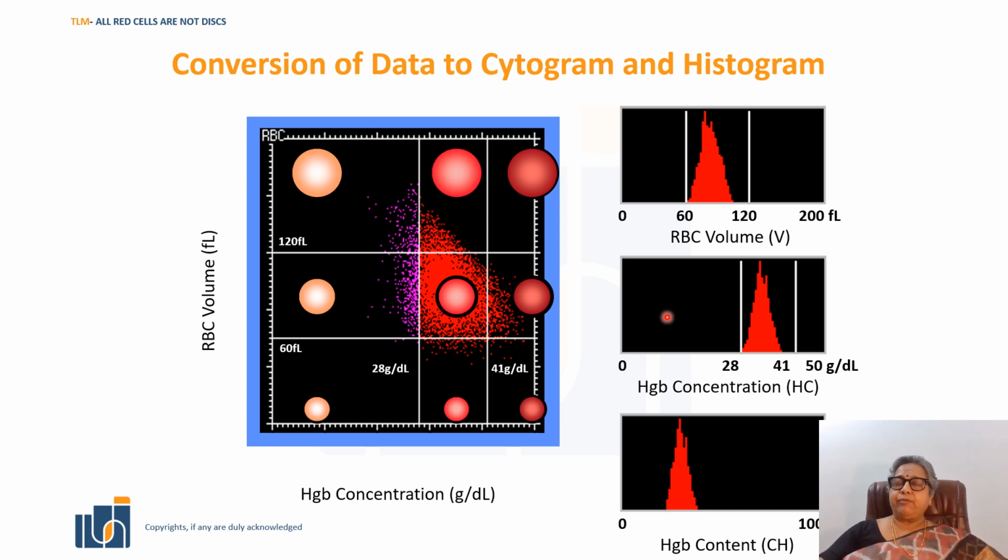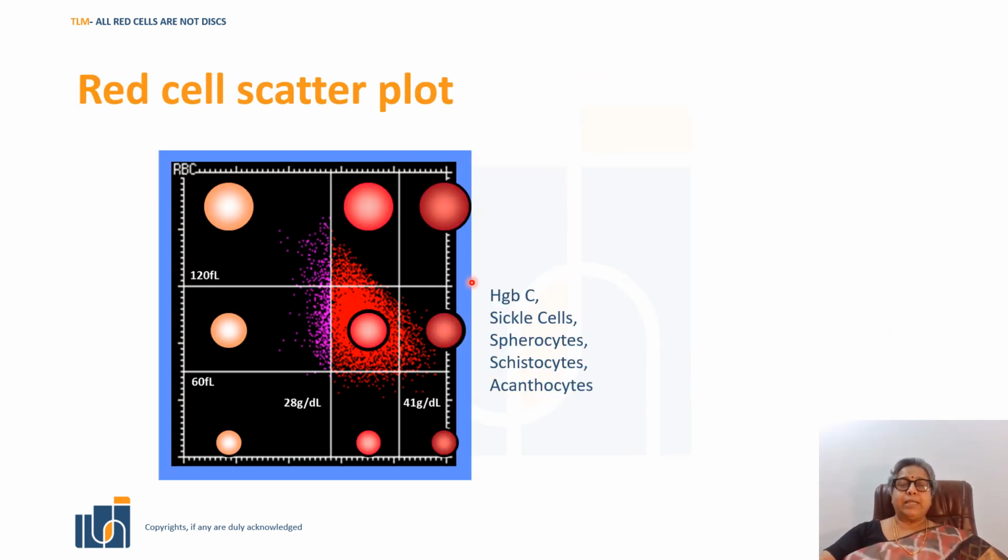Can shift to the left, making it hypochromic, and shift to the right, making it hyperchromic. This is the hemoglobin content of the cell, the kind of histogram you get with it. So this is a very interesting piece of technology which gives you a lot of information. So this is your red cell scatter.